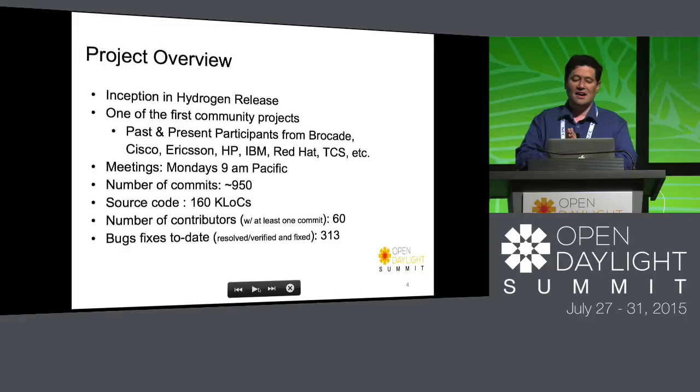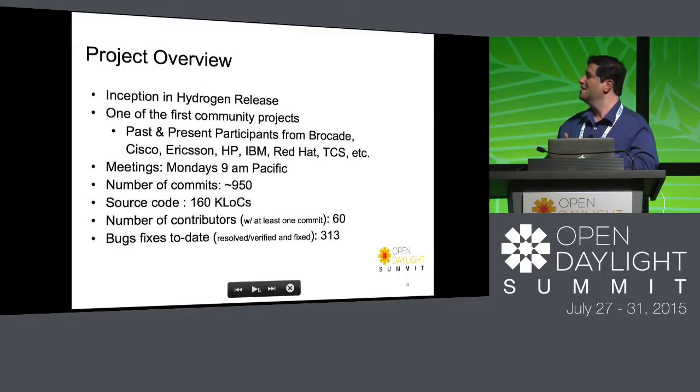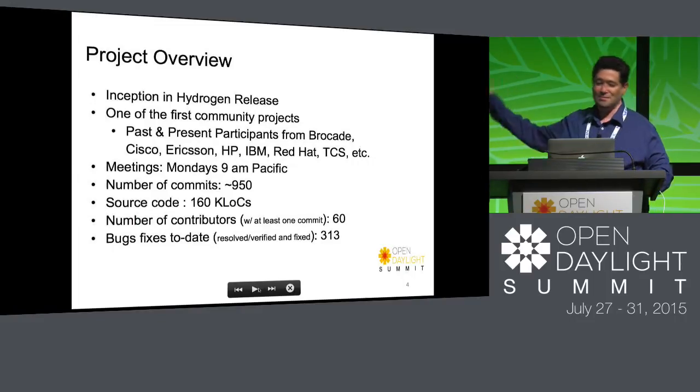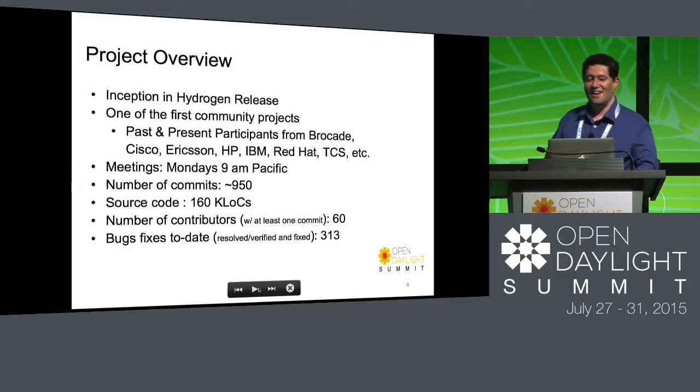It's one of the first community projects, and it has had participation from a lot of people from all these companies: Cisco, Ericsson, HP, IBM, Red Hat, TCS have participated in the past and now. I've just kept their names on the screen.